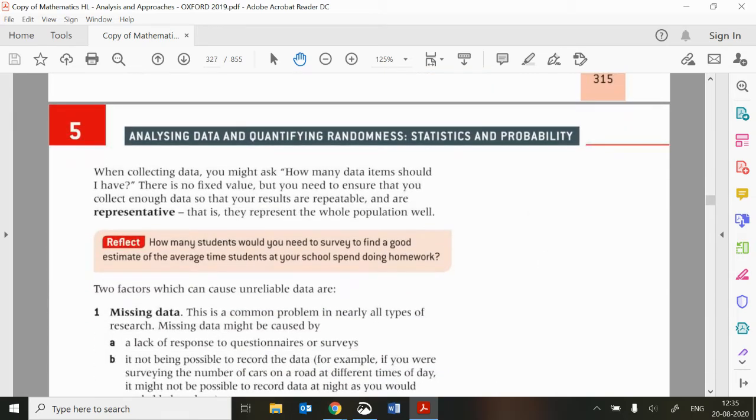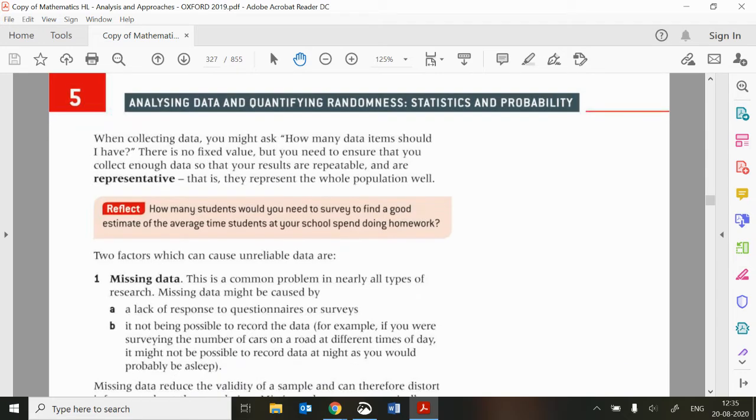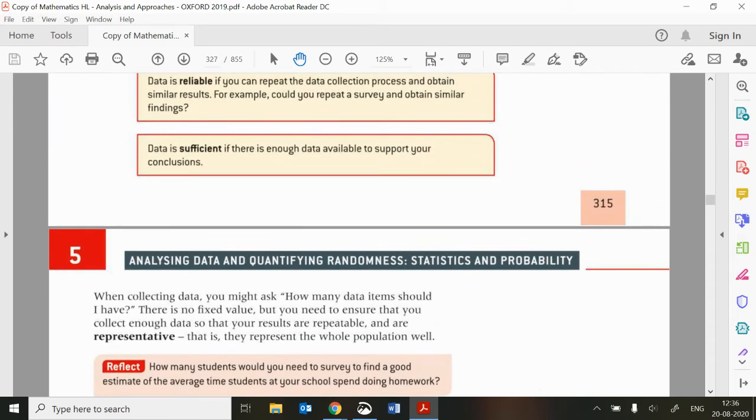But then it also says that you collect enough data so that your results are repeatable and are representative. And representative is to say that they represent the whole population well. So it's not only that we want to get similar results, and not only have we got sufficient data to support our conclusions, but we're also actually representing the population well.